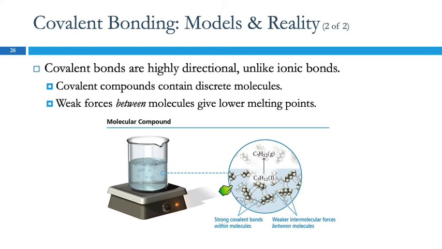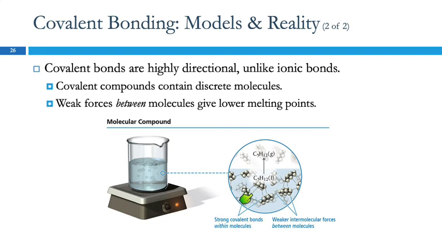So the example here is pentane. In pentane, you have five carbons and 12 hydrogens, and they're covalently bonded together, which is going to hold each molecule together, but the molecules are not going to be bonded to the other molecules. There's going to be some weak intermolecular forces that we'll learn more about later.